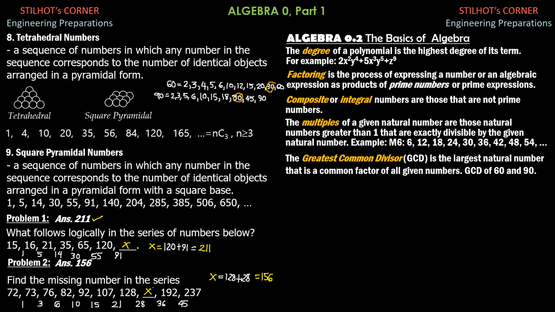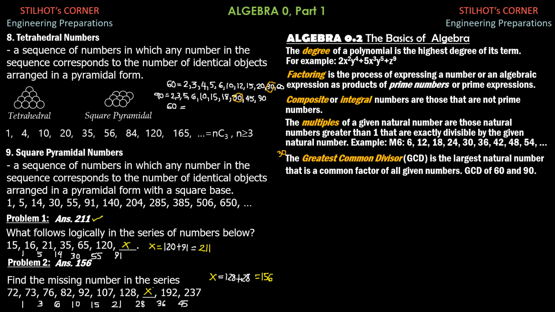Then another way is we factor completely each number. So 60 is 4 times 15. It is also 4 times 3 times 5.